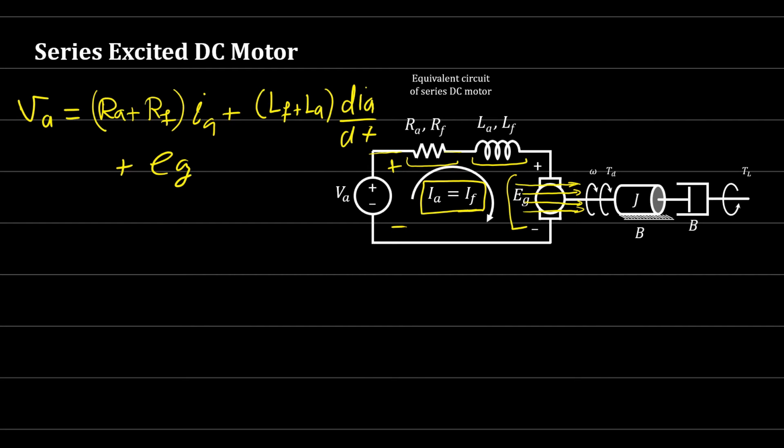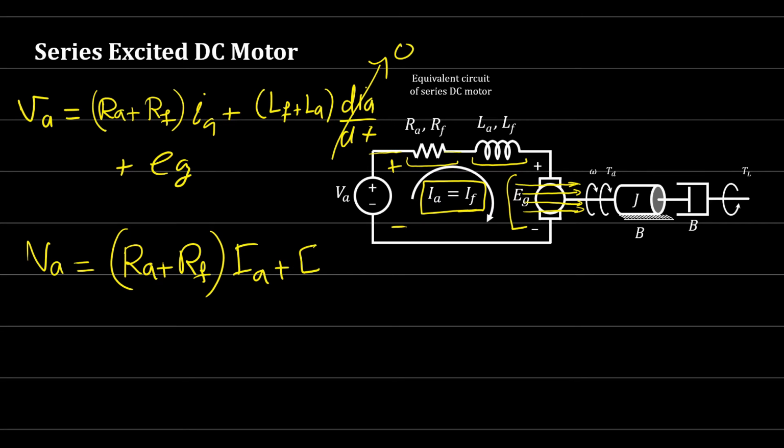On the steady state condition, we agreed that this will be 0 because there is no change in the current. The rate of change of the current is equal to 0. So VA is equal to how much? RA plus RF times IA plus EG.